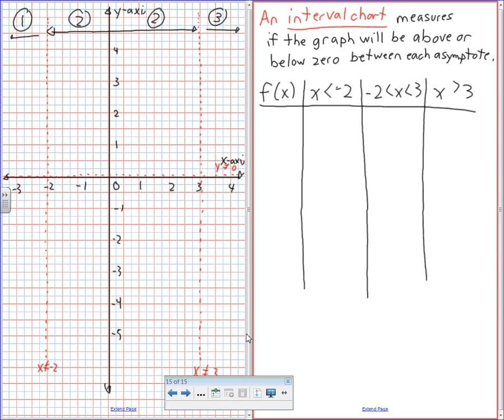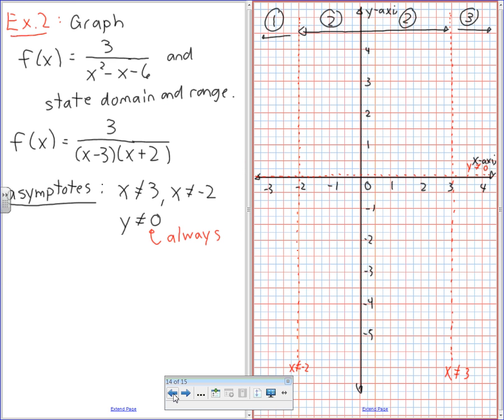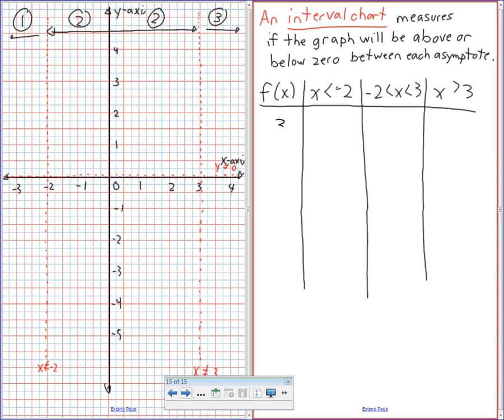Okay, as far as f of x, what this is going to be is everything that's inside my function. So for f of x, we have a 3 and x minus 3 and an x plus 2. So what happens is here, I'm going to erase that.